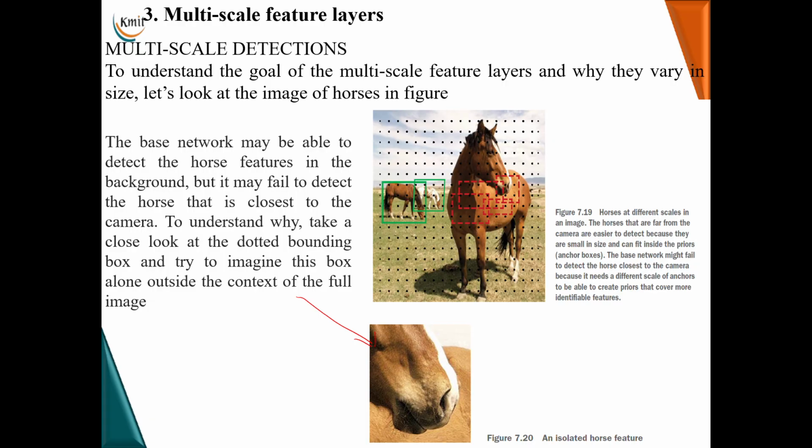So we are unable to predict based on this bounding box that this is the image of the horse, because the objects which are very close to the camera are large. Hence, for that case, we need a large area of bounding boxes, that is, large dimensions of the bounding boxes.